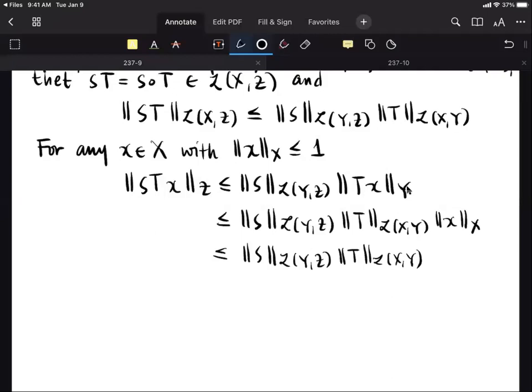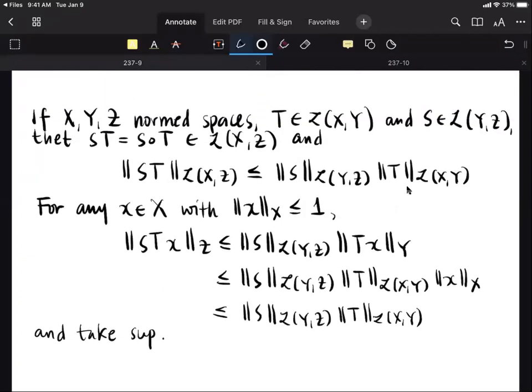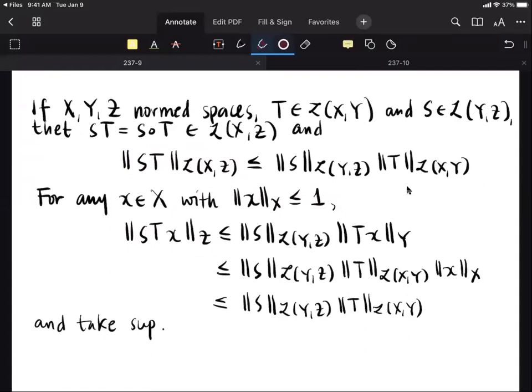And then you take the supremum again over all elements of the closed unit ball in X. So the supremum over all x satisfying this condition would be this left-hand side. So that's a sub-multiplicativity of the norm with respect to function composition.